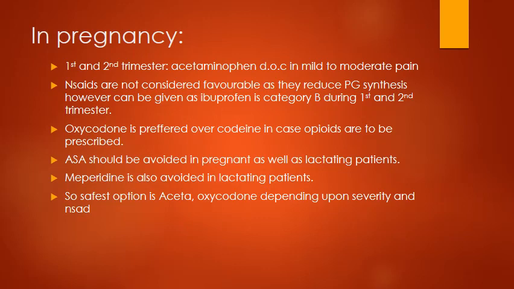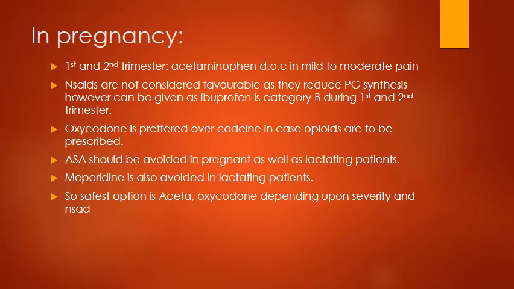However, these can be given as ibuprofen is category B during the first and second trimesters. So comparatively safe in the first and second trimesters, and NSAIDs can be prescribed. We're talking about the first and second trimester here. Now, oxycodone is also preferred over codeine in case opioids are to be prescribed.